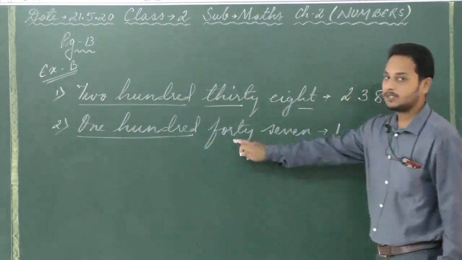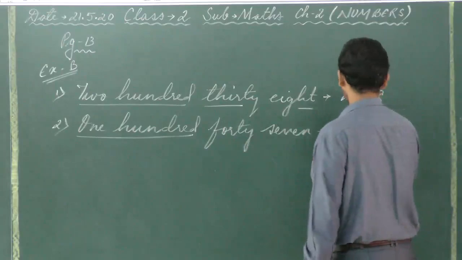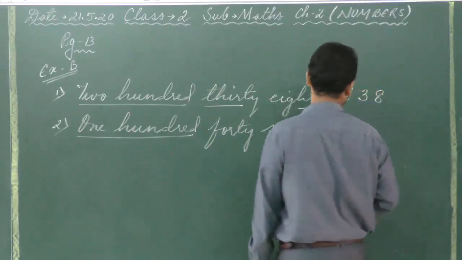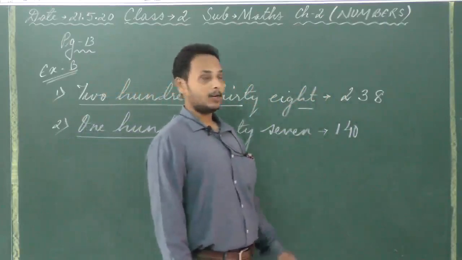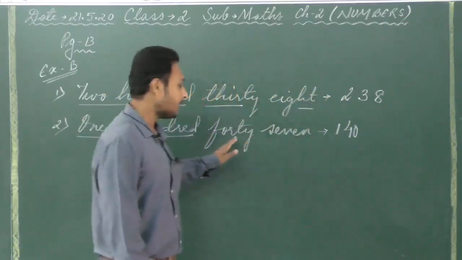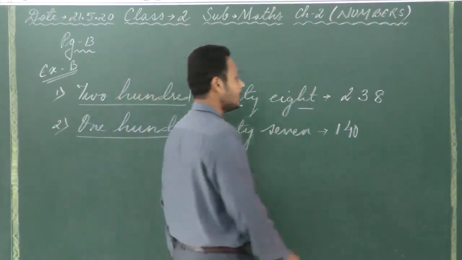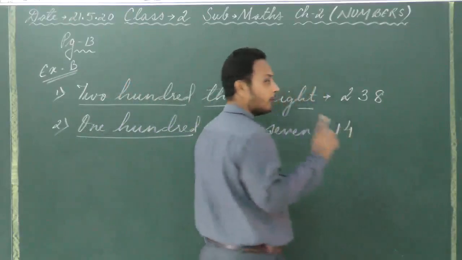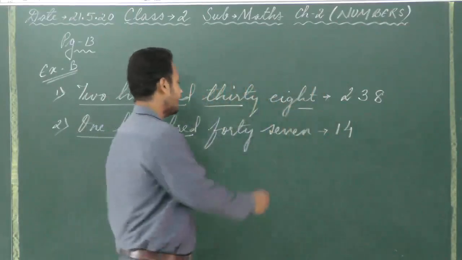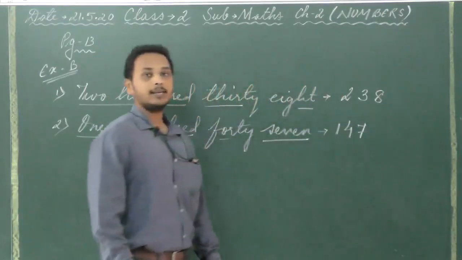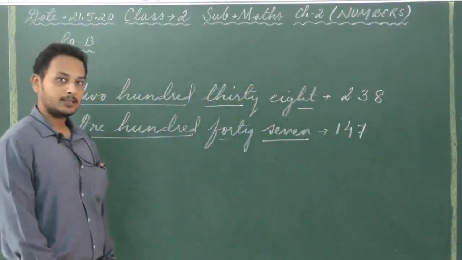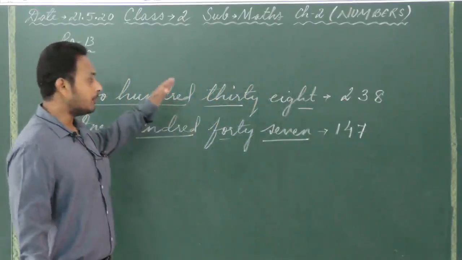Then the next number is 40. So we are going to write 40. Is it correct? No. Why? I told you just now, you will not write 40. You are going to write 4. Only 4. Okay? Then the last is 7. 147. Is it clear?